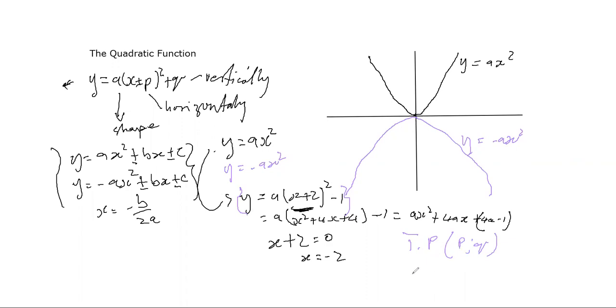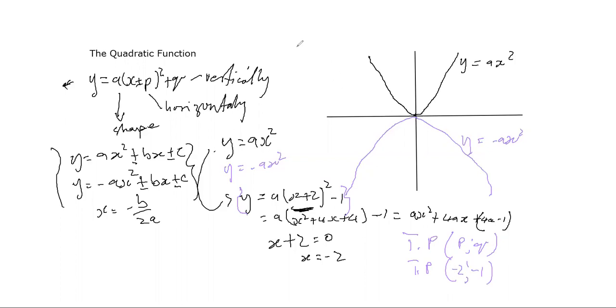Actually, I'm battling within my mind whether I should write minus p or what, but I hope you get this clear. My turning point for this function is going to be -2 and -1.